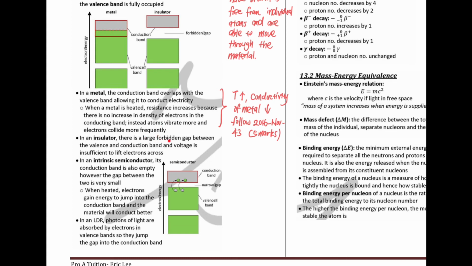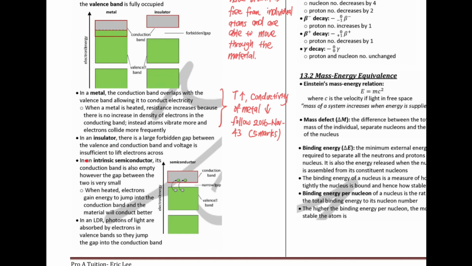There is a large forbidden gap between the valence and conduction band, and voltage is insufficient to lift electrons across the forbidden gap. Okay, so cannot reach there. Hence no electrons in the conduction band all the time, and then cannot conduct electricity.